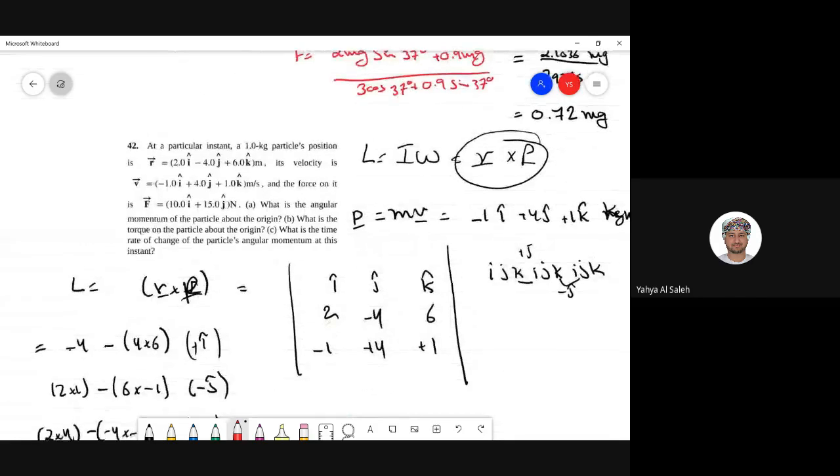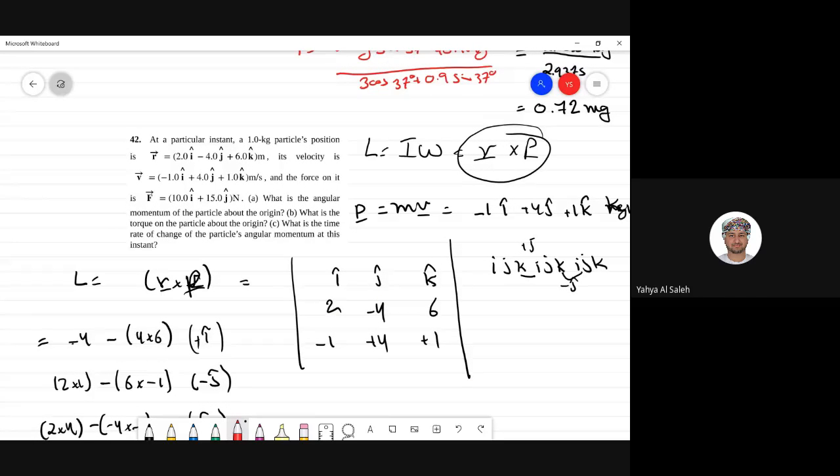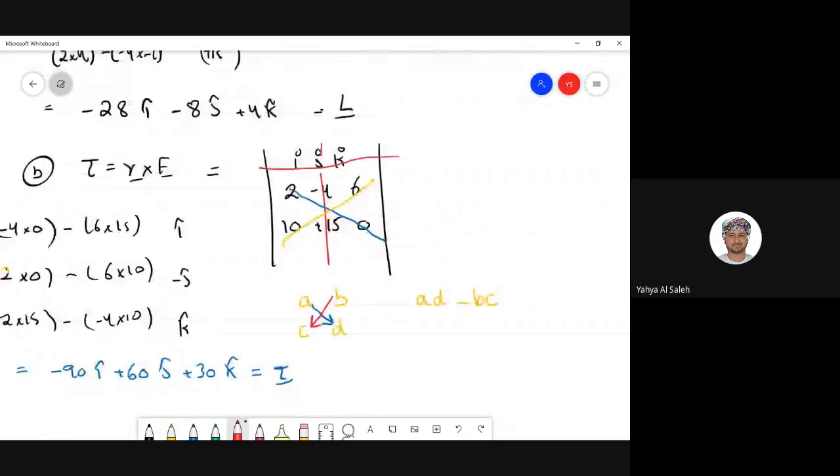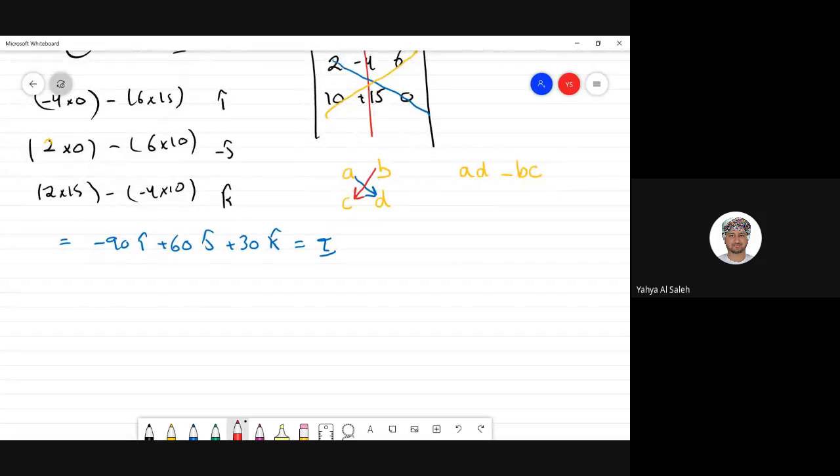Part C. What is the time rate of change of the particle's angular momentum at this instant? So time rate of change of angular momentum is equal to torque.